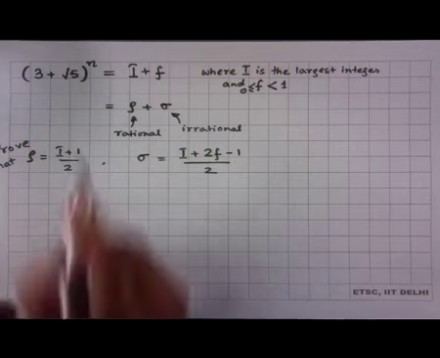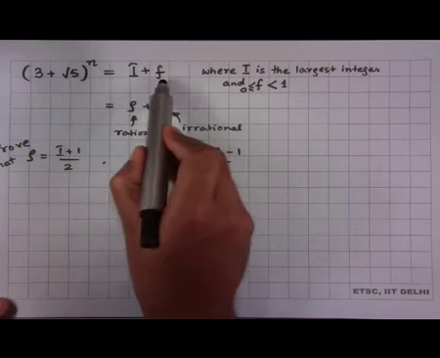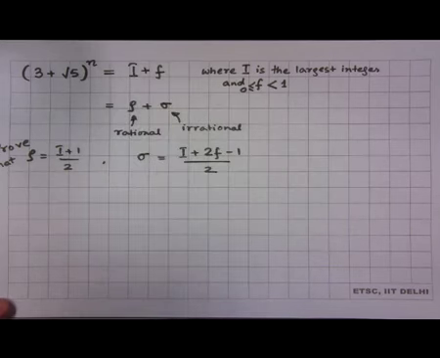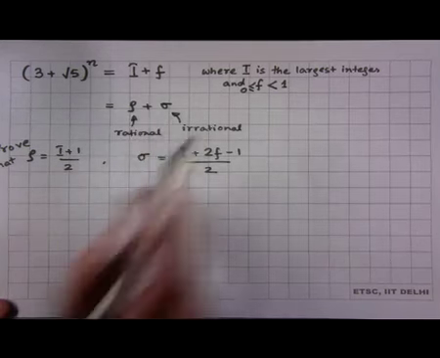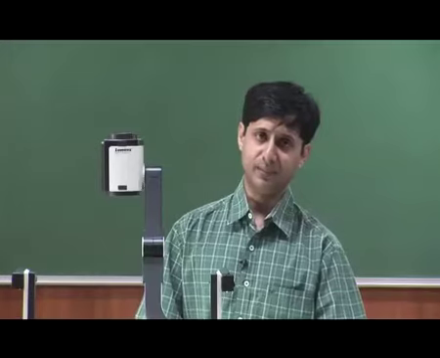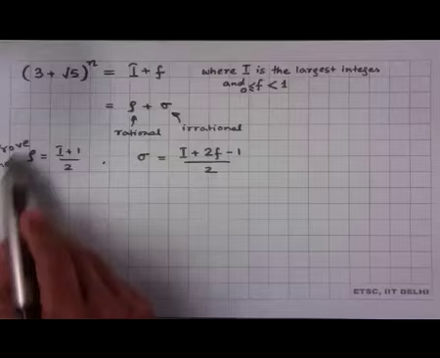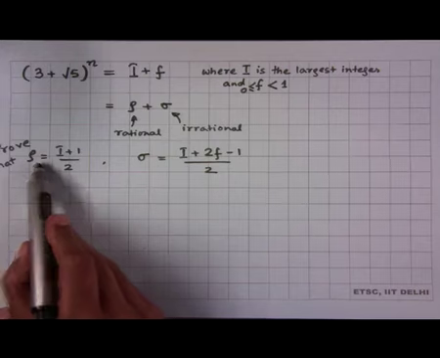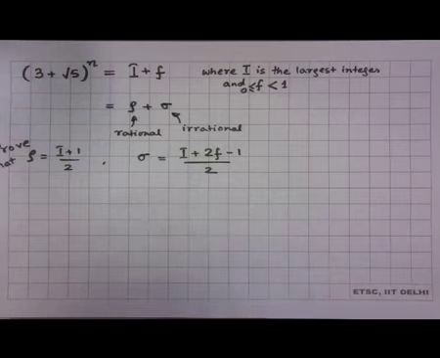The problem statement is 3 plus root 5 whole power n is equal to some integer plus a fraction, and it is also equal to a rational number plus an irrational portion. Rho is the rational part and sigma is the irrational part. Then prove that rho is I plus 1 by 2 and sigma is I plus 2f minus 1 by 2. So, this is our job at hand.